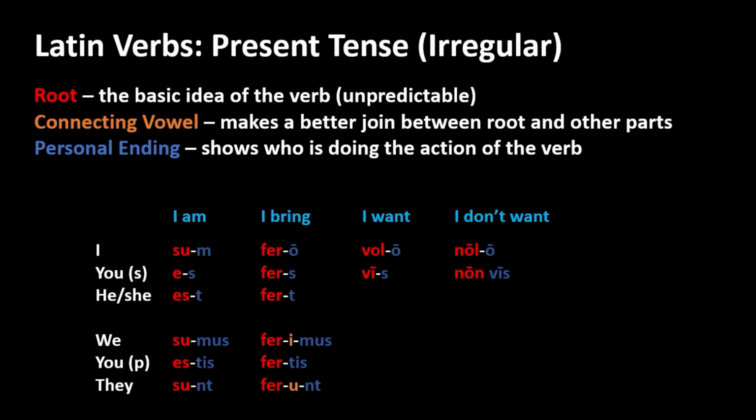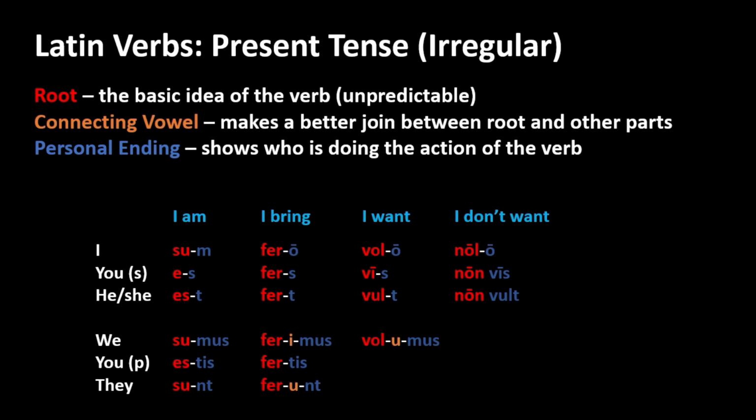You have nolo, the first person singular, but for whatever reason, in the second person singular, the you singular part of it, it is non vis. Vult, he, she wants. Again, a change of root which makes that part of the verb unpredictable. Non vult, probably unpredictable. I wouldn't be able to predict that. Volumus. Here we have something that looks like regularity.